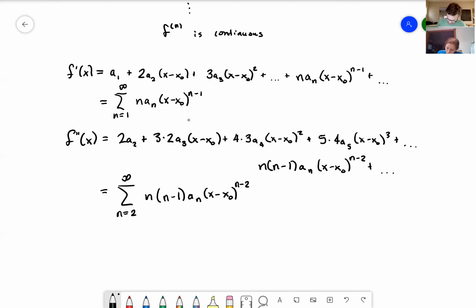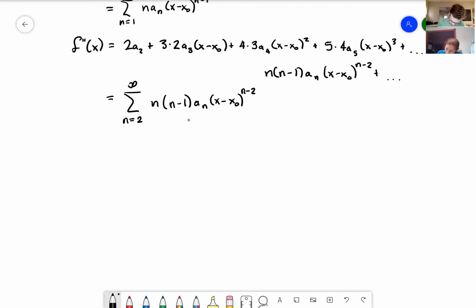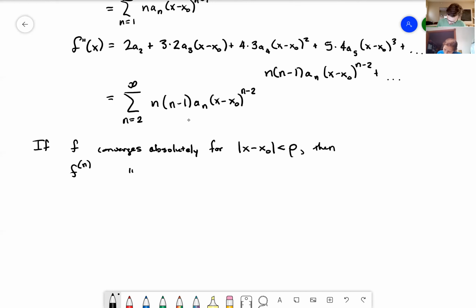And each of these has the same absolute convergence. So if f converges absolutely for some radius, so some distance from the center is less than rho, then f prime, well, any derivative of f, converges absolutely in the same radius.